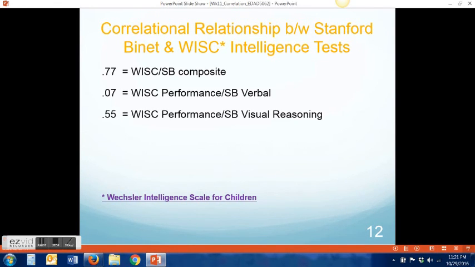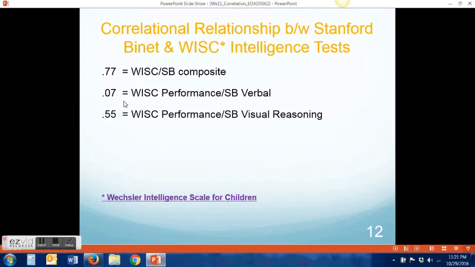Another benchmark here, we're comparing the Wechsler Intelligence Scale for Children with the Stanford-Binet tests. Looking up here at the top, a 0.77 coefficient is the relationship between the Wechsler Intelligence Scale and the Stanford-Binet Composite Scale, which is all of the scales combined on the Stanford-Binet. These are both measuring intelligence, and we see that these tests are highly related at 0.77.